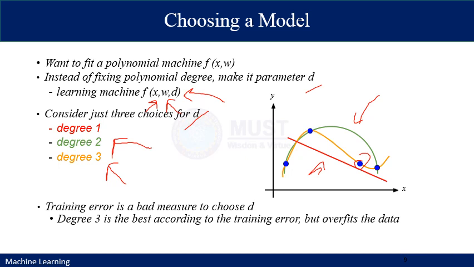Degree 3 is the best according to the training error, but it can overfit the data. That means maybe this example is noise and we are over-complexing the model to fit itself to these noises as well. Therefore, there is a high probability that this will result in an overfitting model.